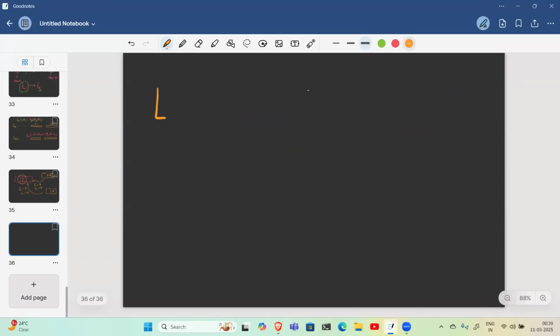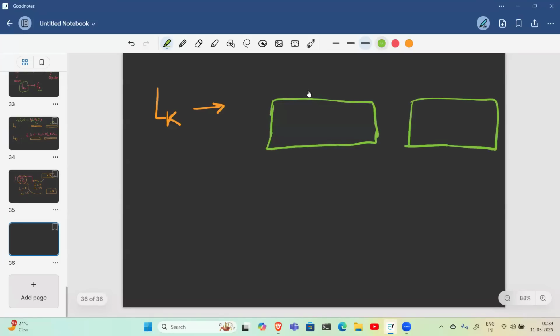Okay, fine. So let me redraw that. I have this lk, and corresponding to lk, I have 2 gates. The first gate is into f1 plus c1, and the second gate is into f2 plus c2.